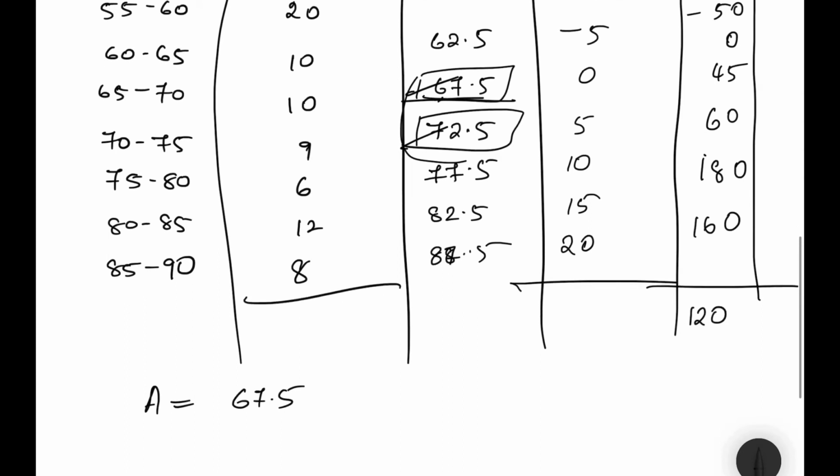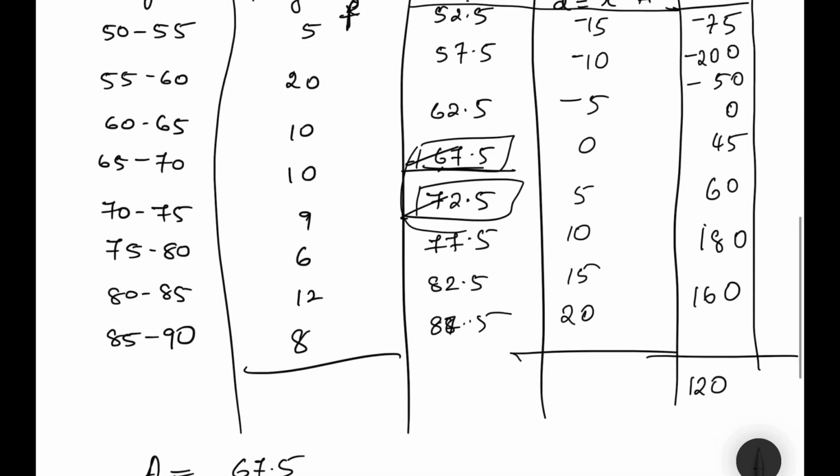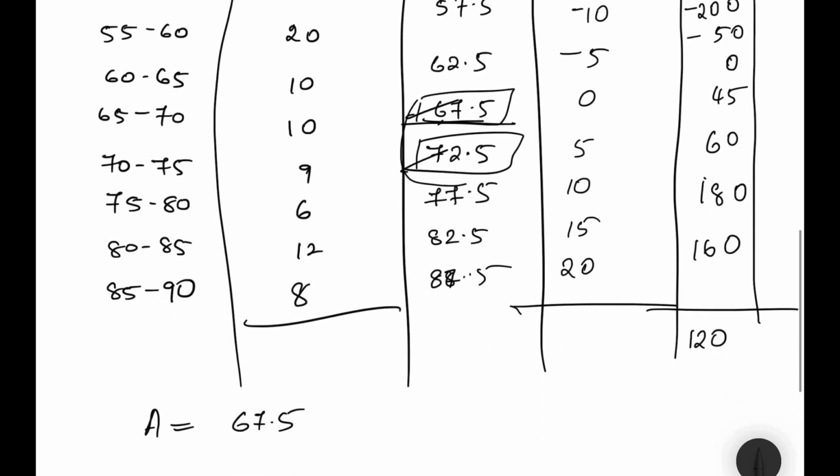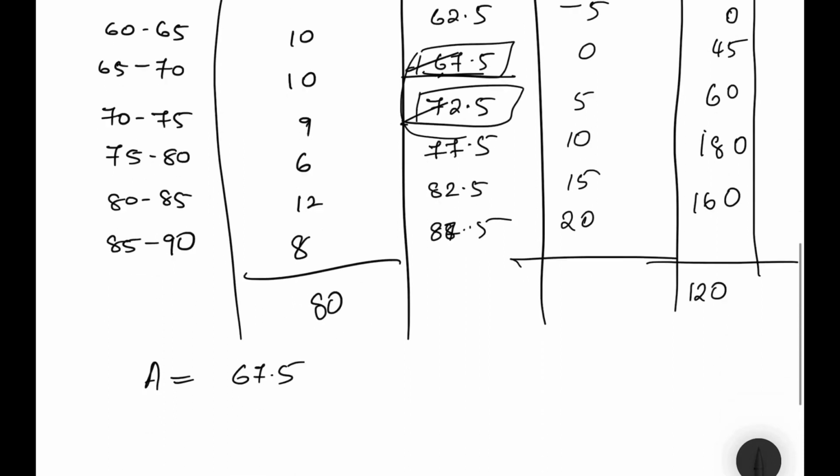Sigma fd is 120. Let me find sigma f. Sigma f is equal to 5 plus 20 plus 10 plus 10 plus 9 plus 6 plus 12 plus 8, that is equal to 80.